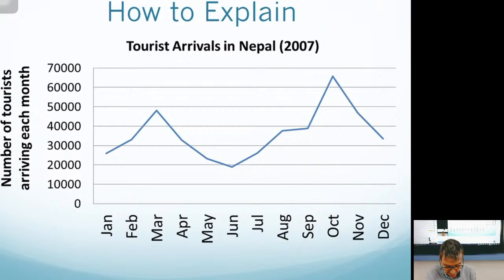And there are just some other features that you need to know about how to explain this. We know there are peaks. So this is the most important information that you can see on the graph. You can also see a dip. There's a slight dip.